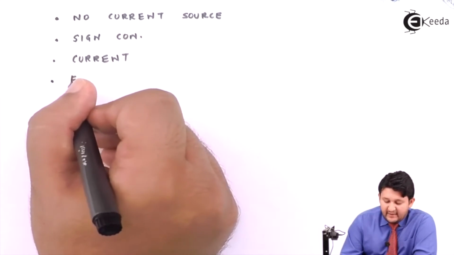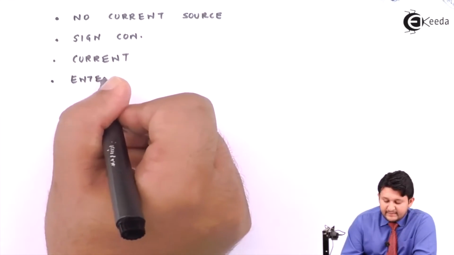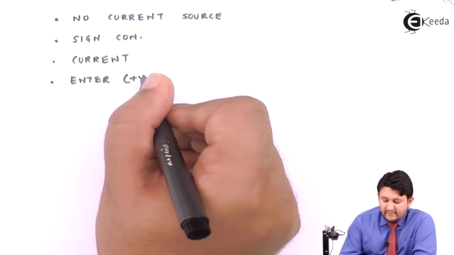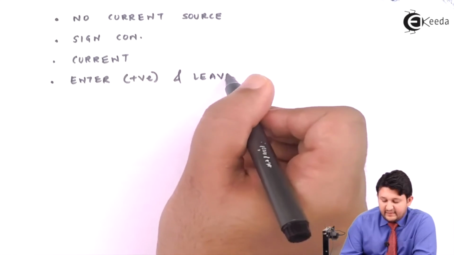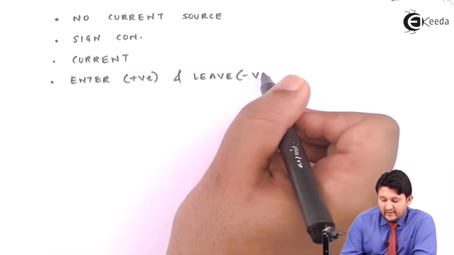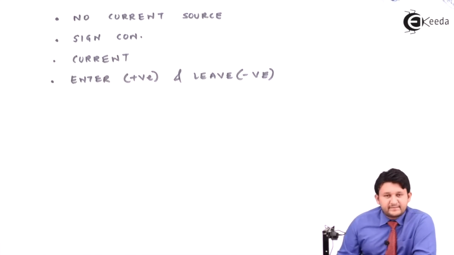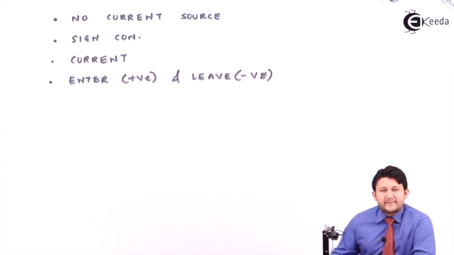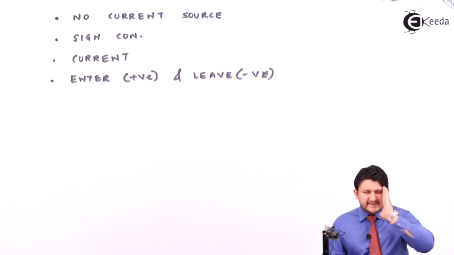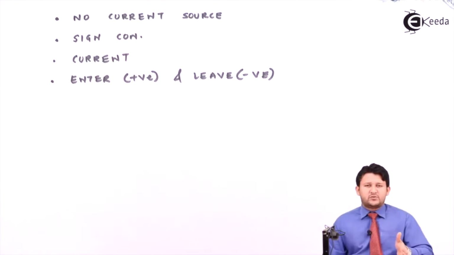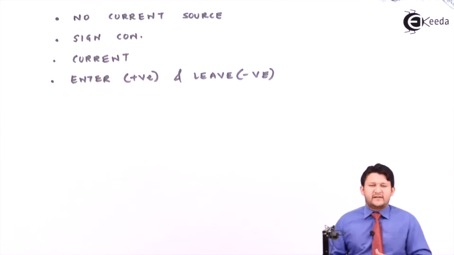Where the current enters, you give it positive, and where the current leaves, you give it negative. After putting all the steps, you get the VTH. For the exam, just remember the steps. When you put them down in practice, it will become much easier for you guys.